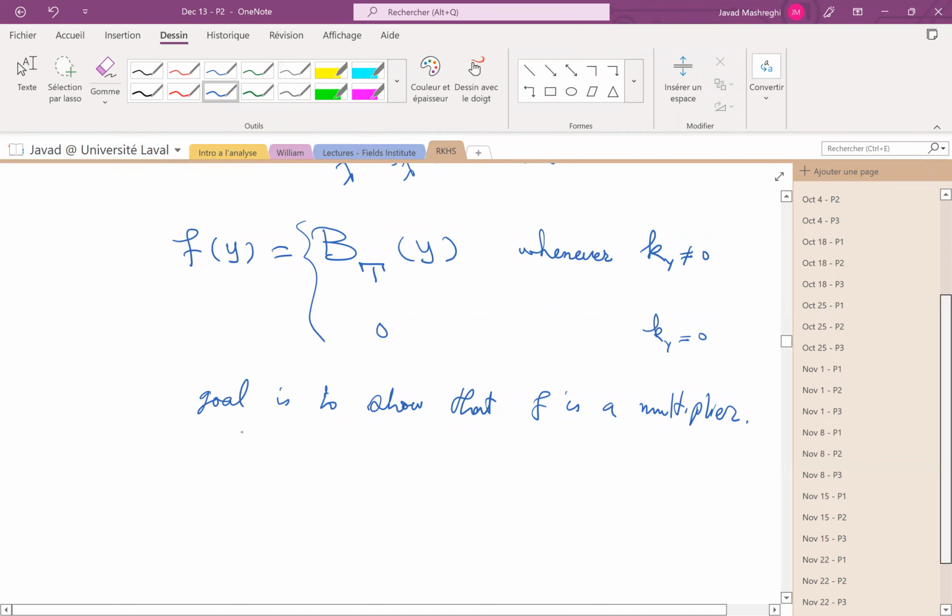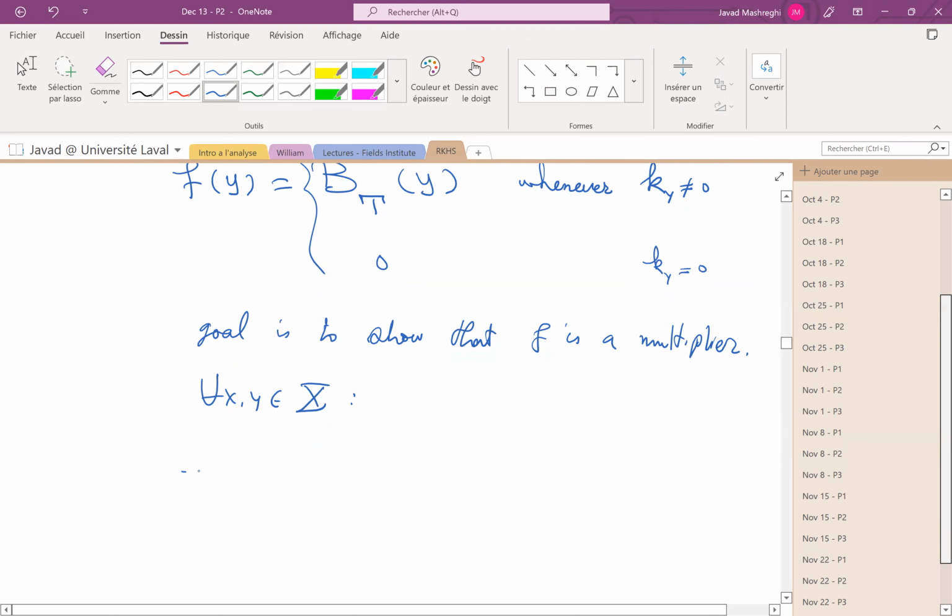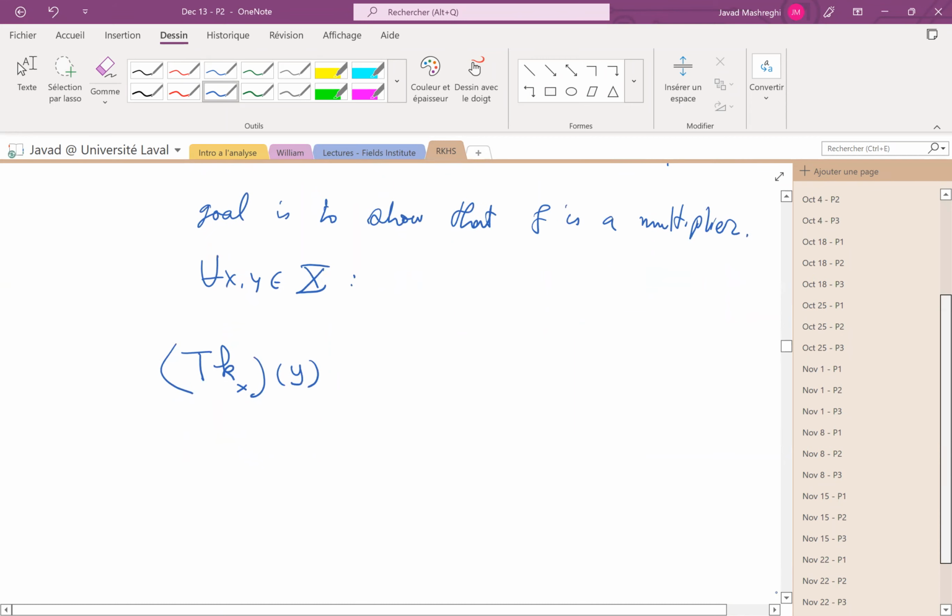The way we do it, for any x and y in X, T applied on k_x is a function. We evaluate this function at point y. Well, it's the inner product of T k_x with k_y, and taking the adjoint, T star k_y.